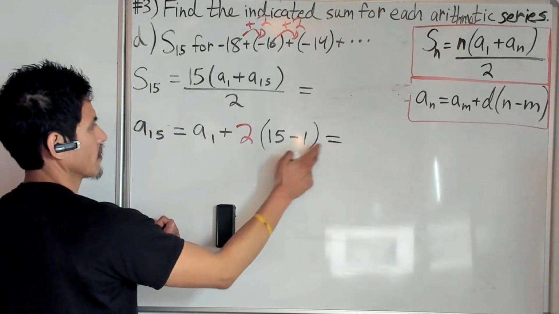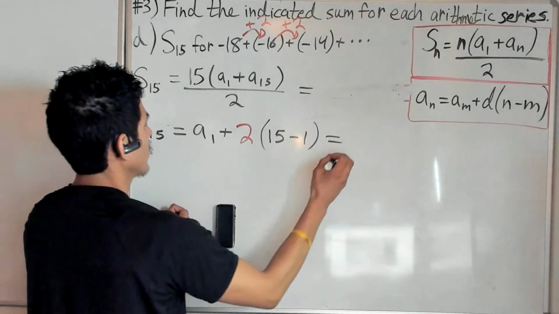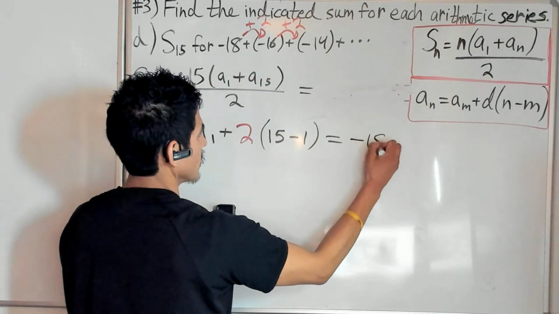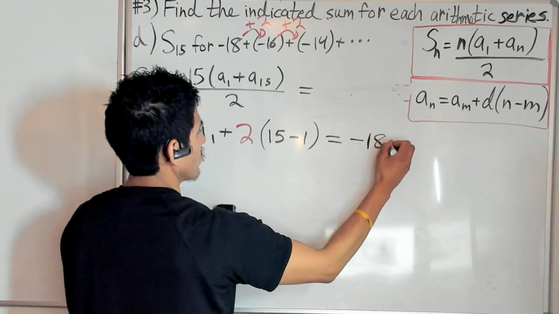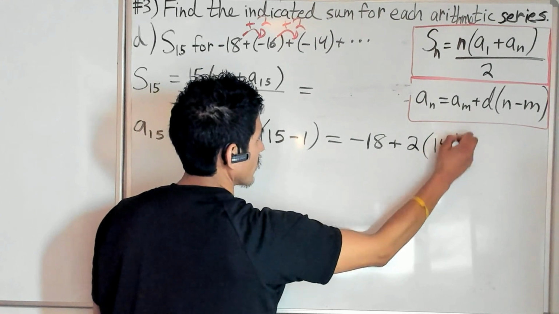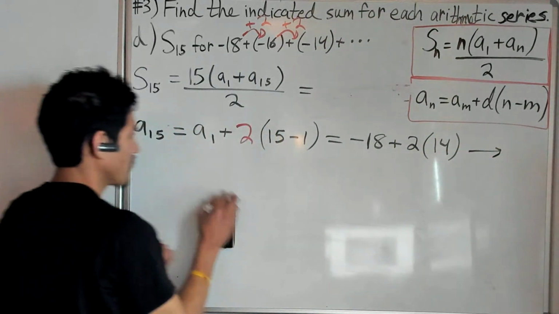And let's just now evaluate this, simplify this. a1 is negative 18. So we get negative 18 plus 2 times 14. Working our way through.